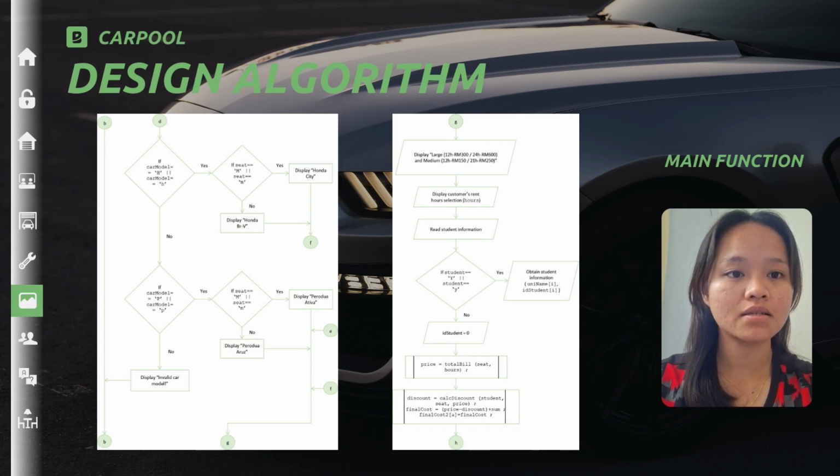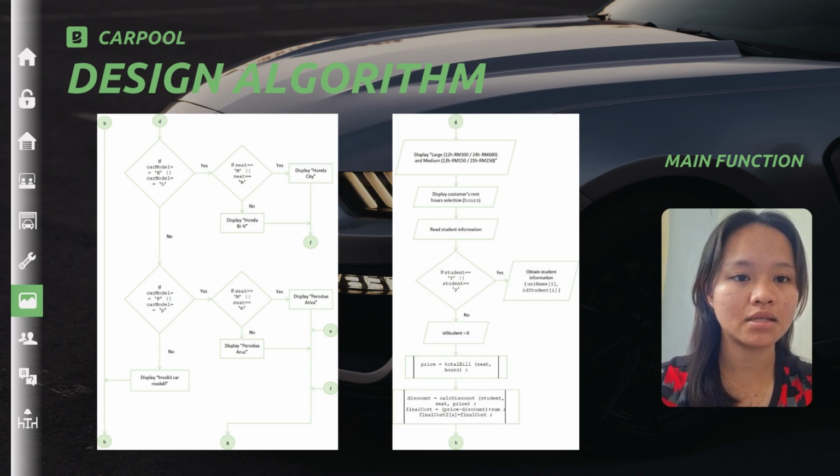Next, if the customer selects H for car model, the system checks the number of seats. If seat is M, the system displays Honda City. Otherwise, the system will display Honda BRV. If the customer selects P for car model, the system will check the number of seats.